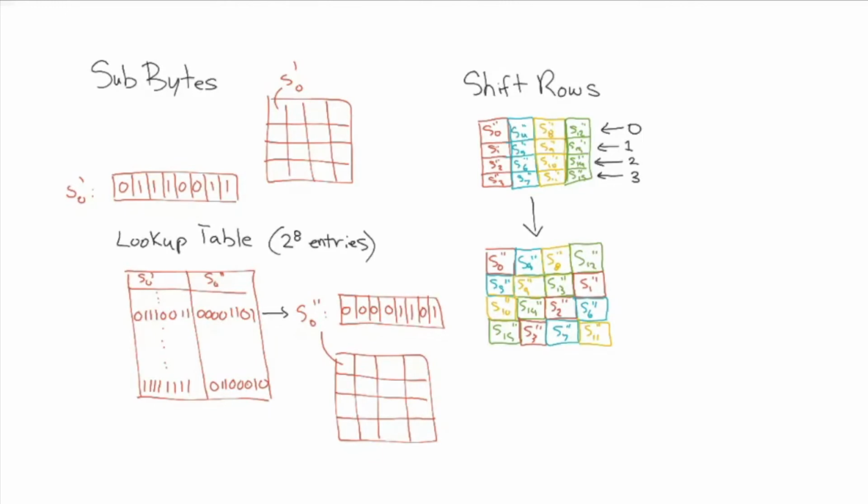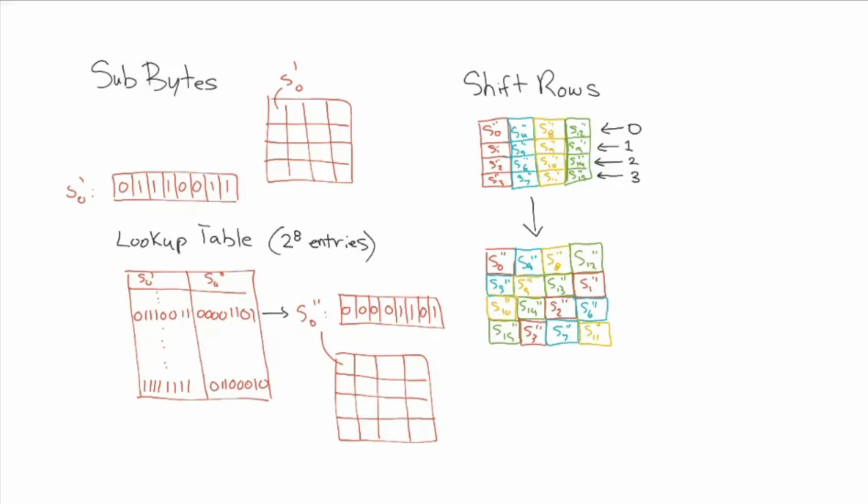So if we look at the row that's labeled 1, the second row in the matrix, we're going to shift S13 over one cell. We're going to shift S9 over one cell. We are going to shift S5 over one cell. And then the important thing to note is that S1 is actually going to get shifted all the way around back to the spot where S13 was. So that is how ShiftRows is performed.